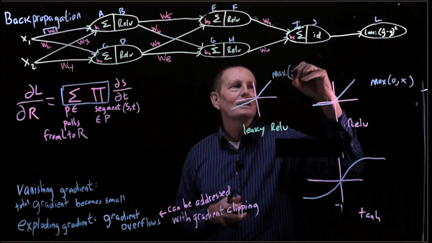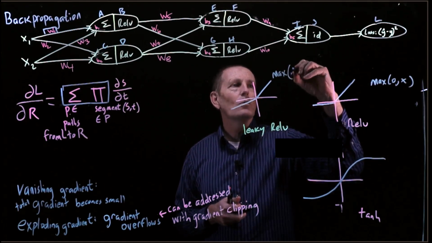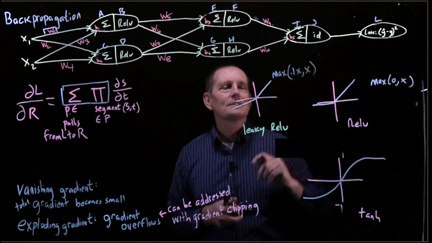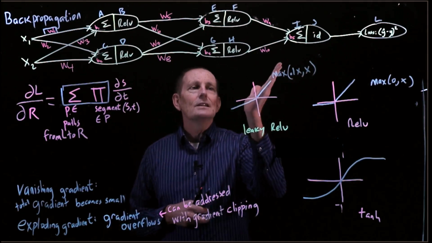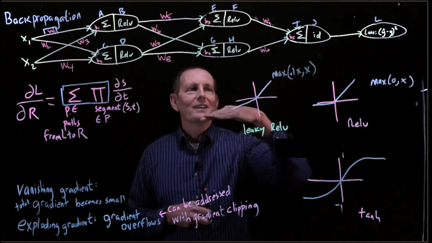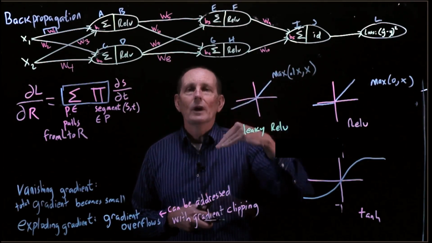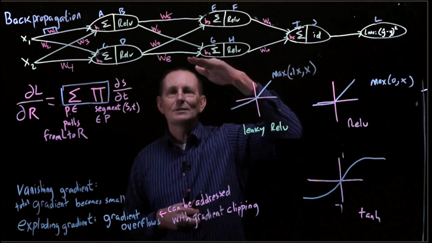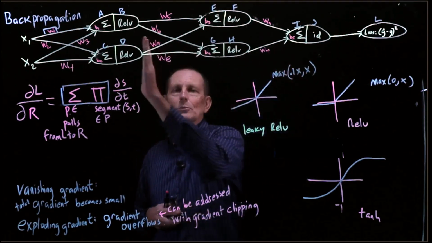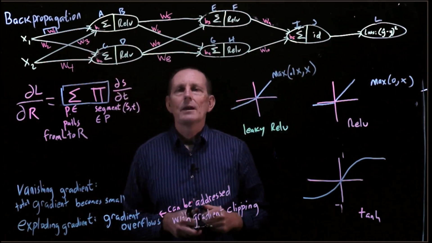I'm just throwing out a constant. So let's say 0.1x. So that the gradient is either 1 or it is 0.1. And so therefore, in either case, we've got some gradient that's moving back through to previous nodes in the network.